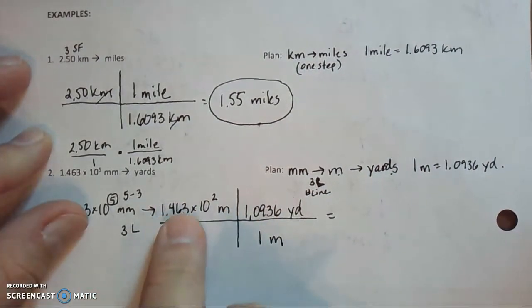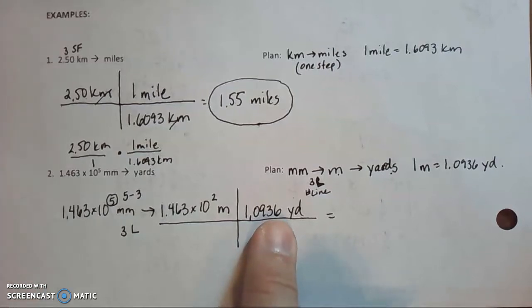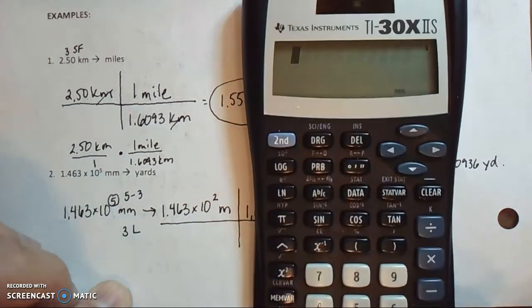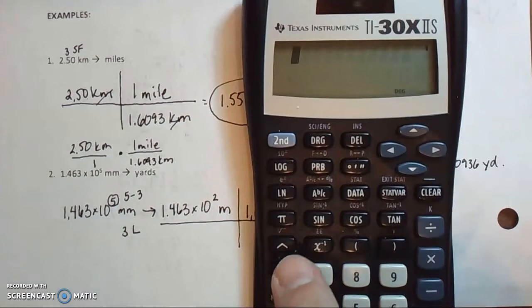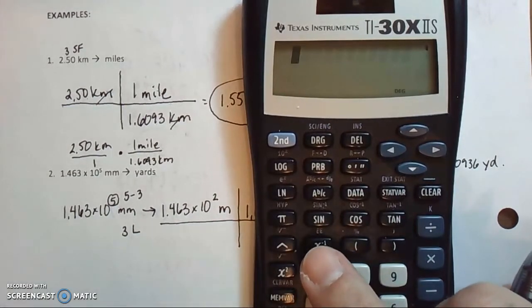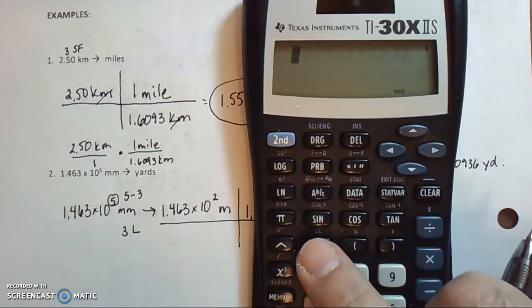Now I would put this in my calculator, 1.463 times 10 to the second, times 1.0936. Now to put numbers in scientific notation in calculators, do not, and I repeat, do not use the caret button. These calculators and the graphing calculators have a button right here that says EE. That stands for times 10 to the.